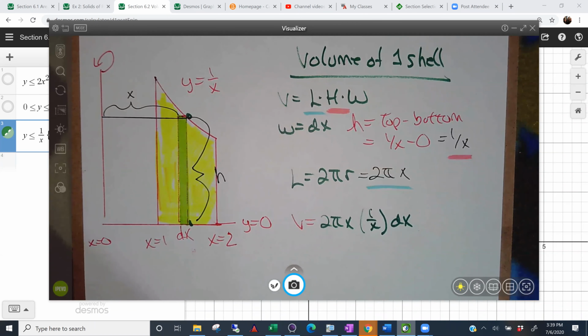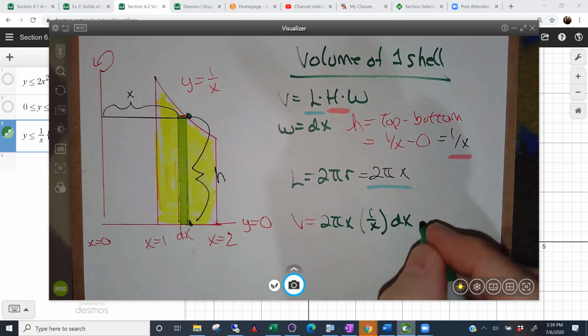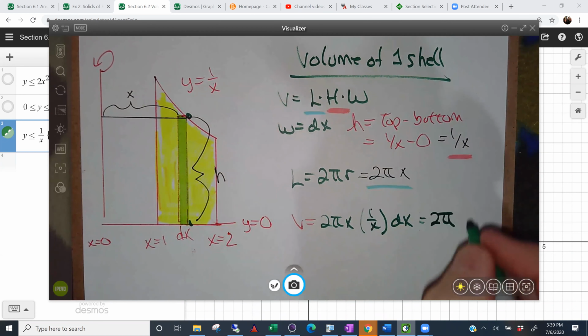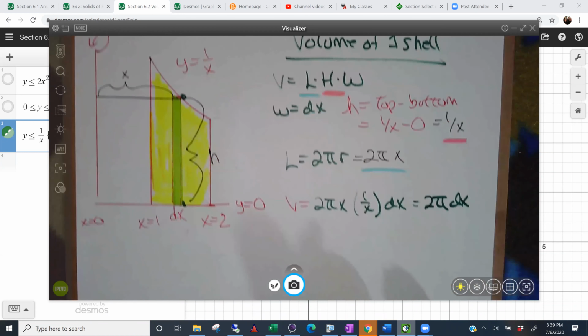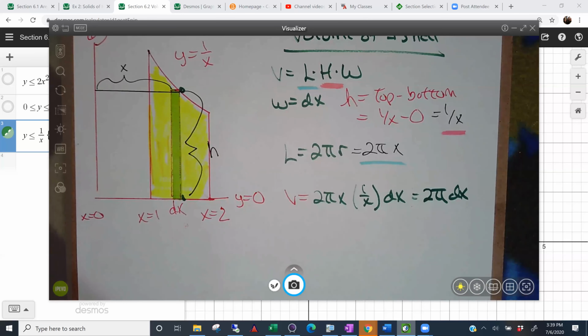That's got me feeling a little anxious. 2 pi x, 1 over x dx. Okay. Well, let's keep going. So that's going to simplify, right, to just 2 pi dx. Wow, I'm just not liking that. Something doesn't feel right.